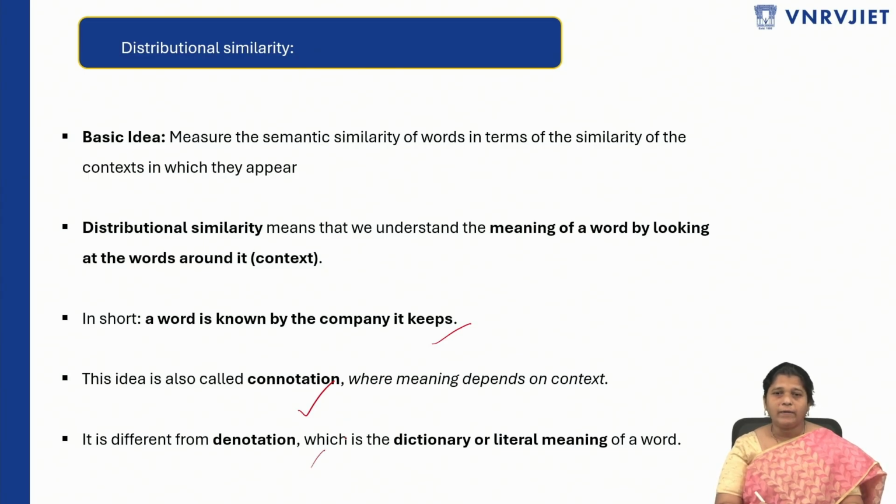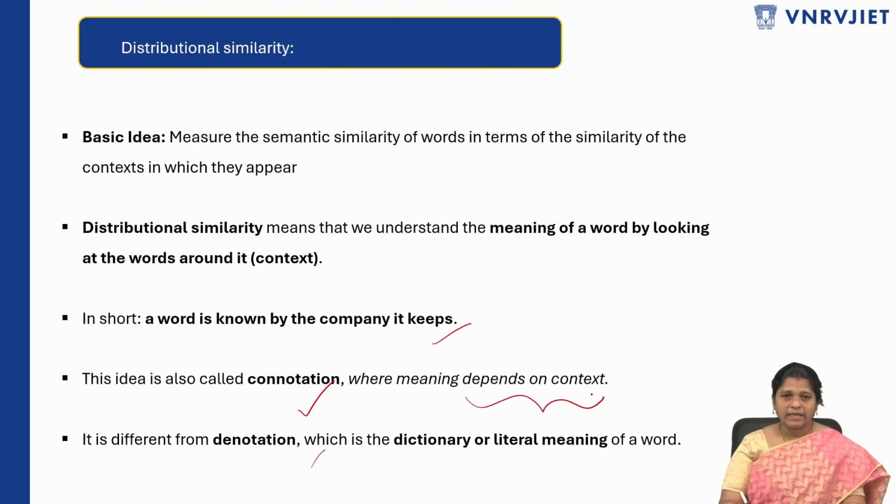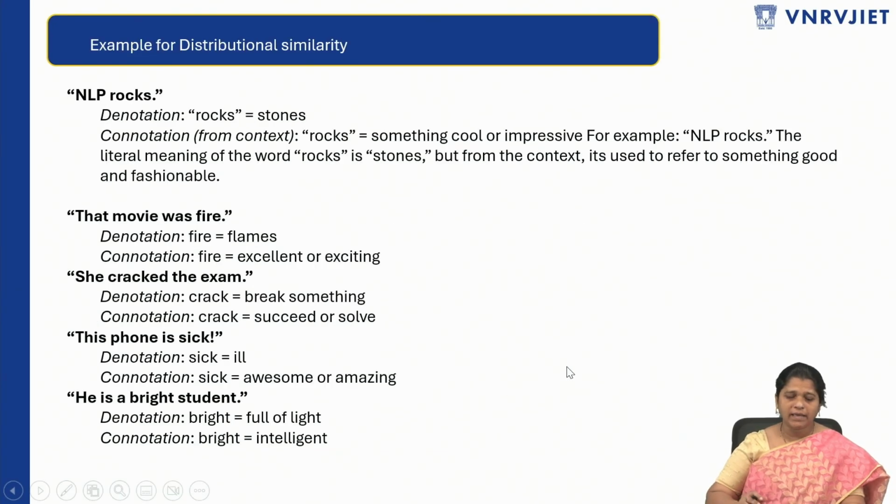Connotation is the meaning which depends upon the context, and denotation is the literal meaning of the word. For example, take the sentence "NLP rocks."